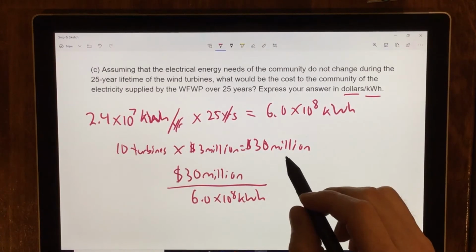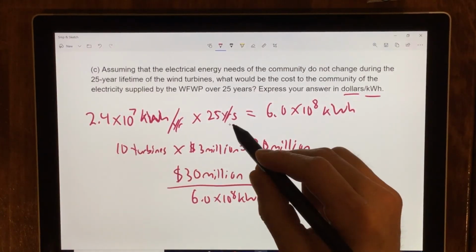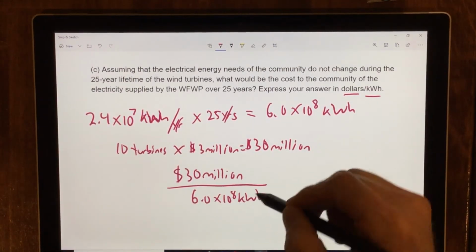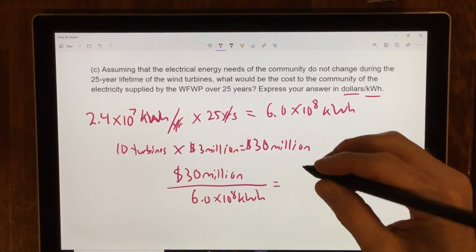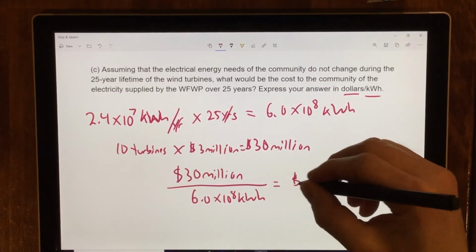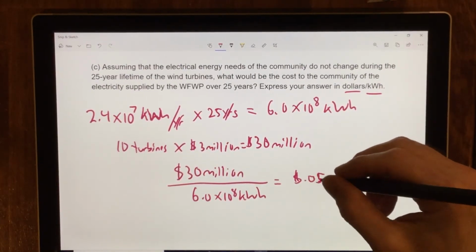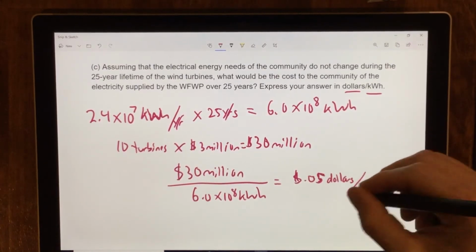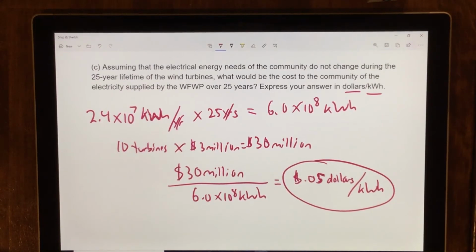After they purchase those turbines, based on how many kilowatt hours they need for 25 years, you take the cost of the 10 turbines, divide it by how many kilowatt hours you need for 25 years, and that's going to give you 0.05 dollars per kilowatt hour. All right, so 5 cents per kilowatt hour. There you go.